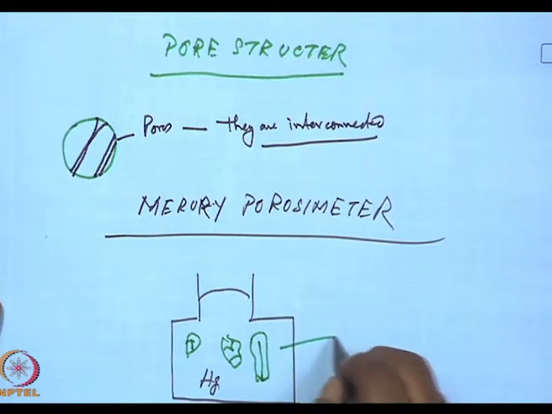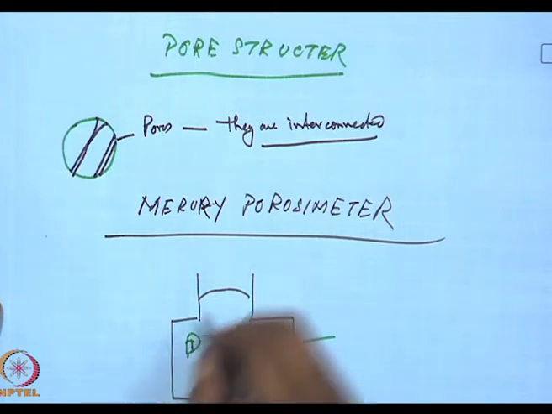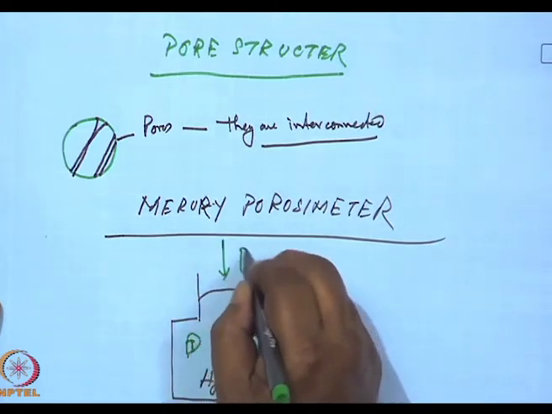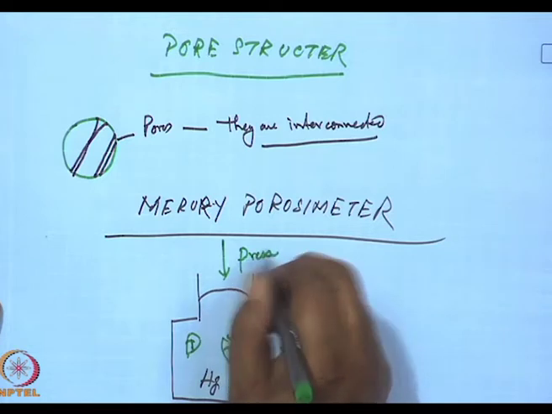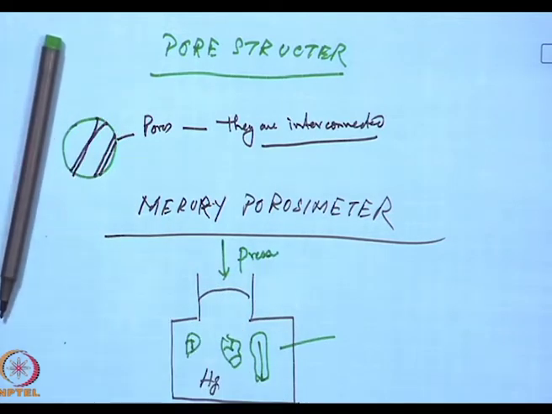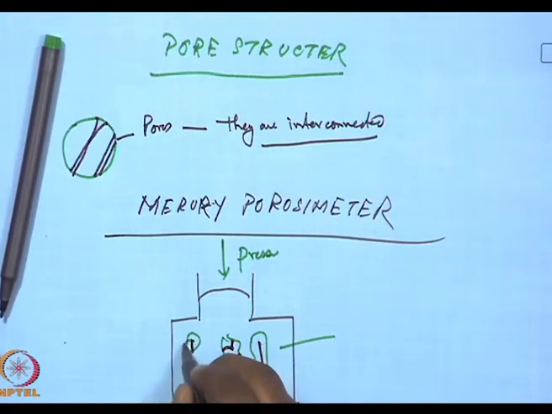This is the mercury, these are the porous surfaces, and pressure is applied. Mercury will flow into these pores depending on the pressure.